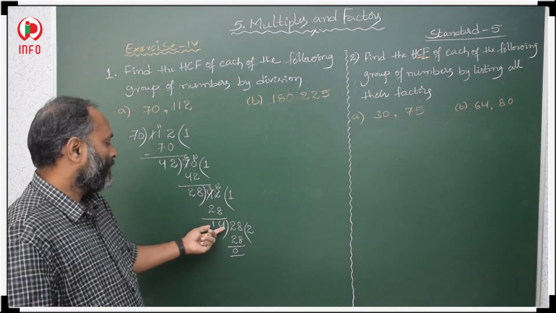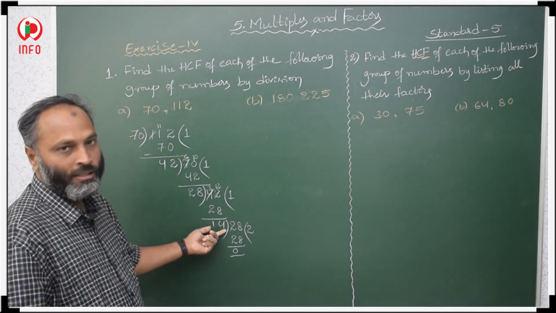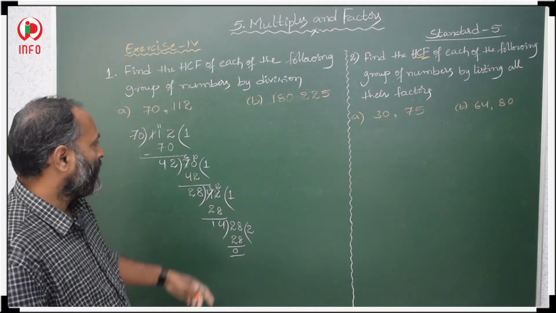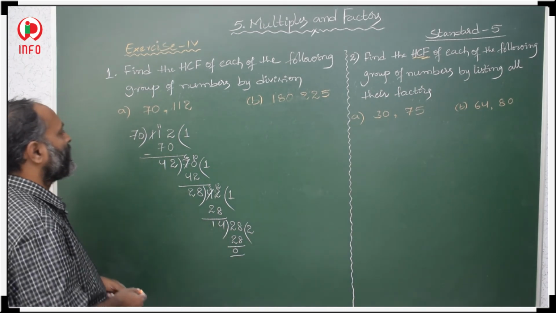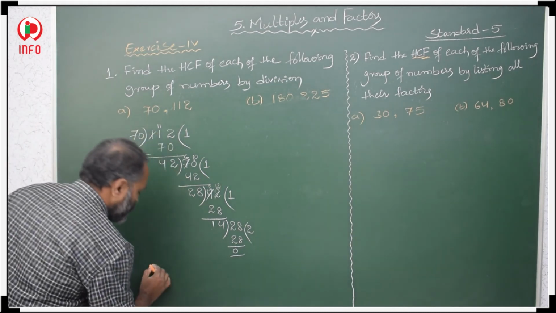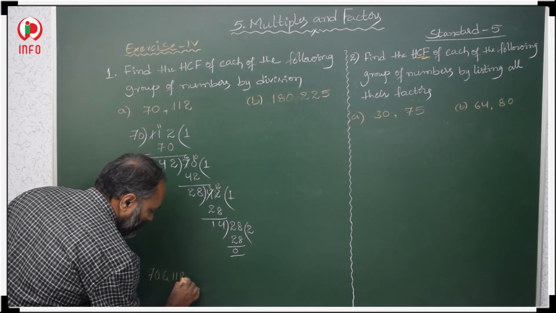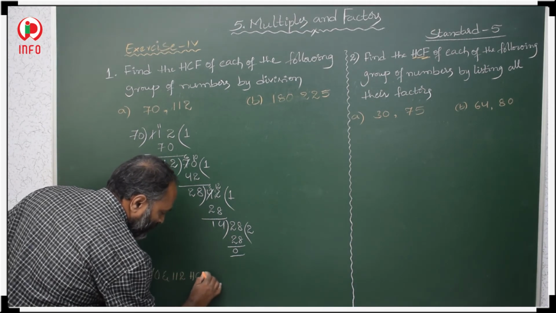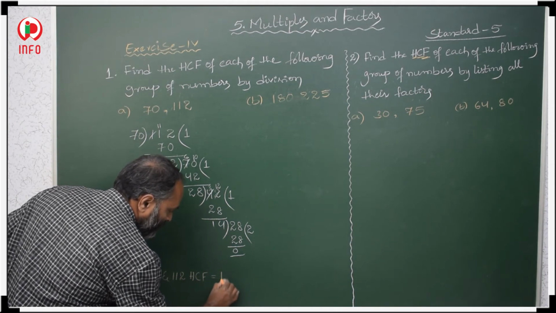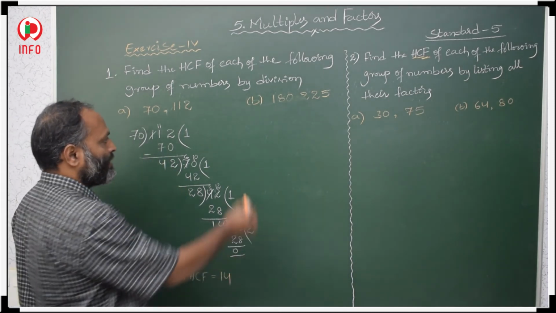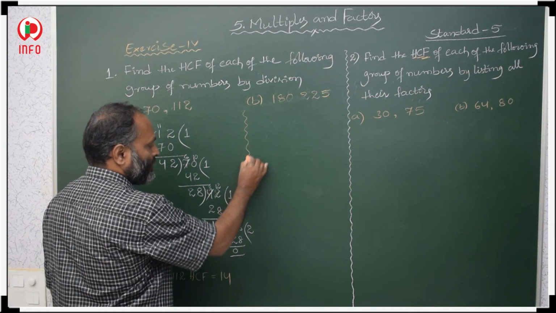The answer is 0. So it means 14 is the HCF of 70 and 112. The HCF of 70 and 112 is 14. Okay.